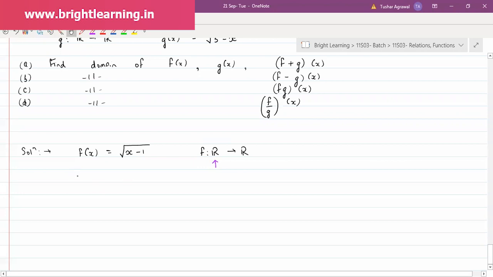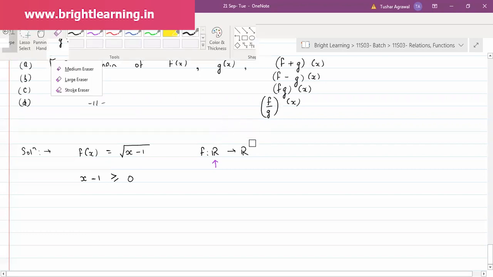For the domain, x minus 1 should always be greater than or equal to 0, because under root of a negative quantity is not defined. It is defined in complex numbers, but the function is going from the set of real numbers, the co-domain is real numbers. It is not a complex number system. So since we want the image to be in real numbers only, x minus 1 cannot be negative.